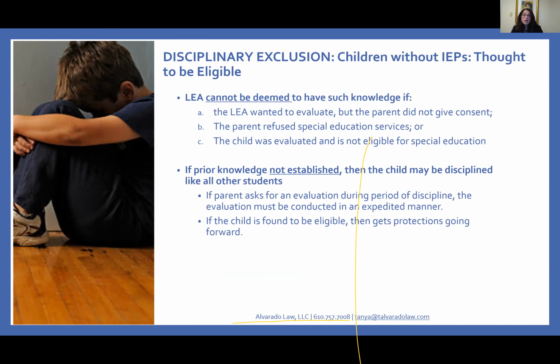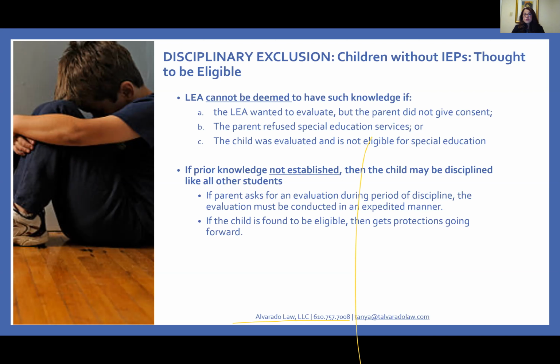Okay. When does a school district not have knowledge? The statute says that you cannot say that the school district had knowledge of the manifestation or the potential need for an IEP if the school district wanted to evaluate your child and the parent didn't provide consent. Or the school district offered an IEP and the first IEP, and the parent said, I'm not going to provide consent for the first IEP.